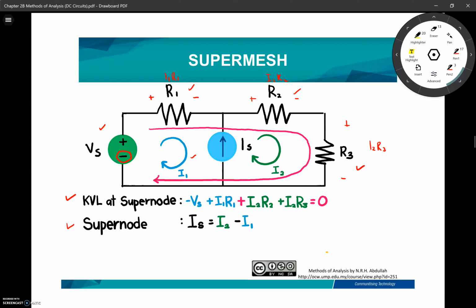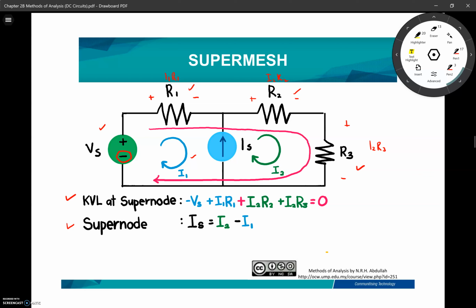And then for the supernode equation, you can see that I1 is flowing through the Is and I2 is also flowing through the Is. In order to write the equation for the supernode, you have to see which is in the same direction as the Is.